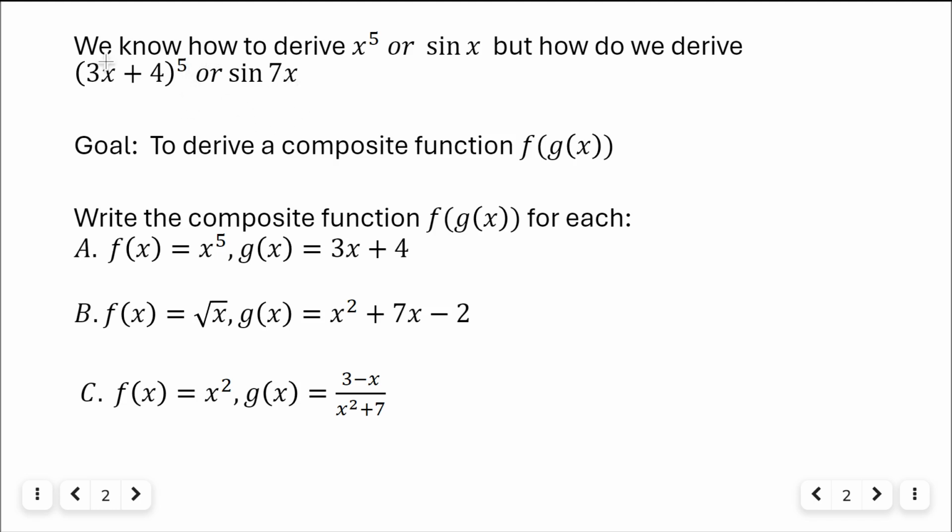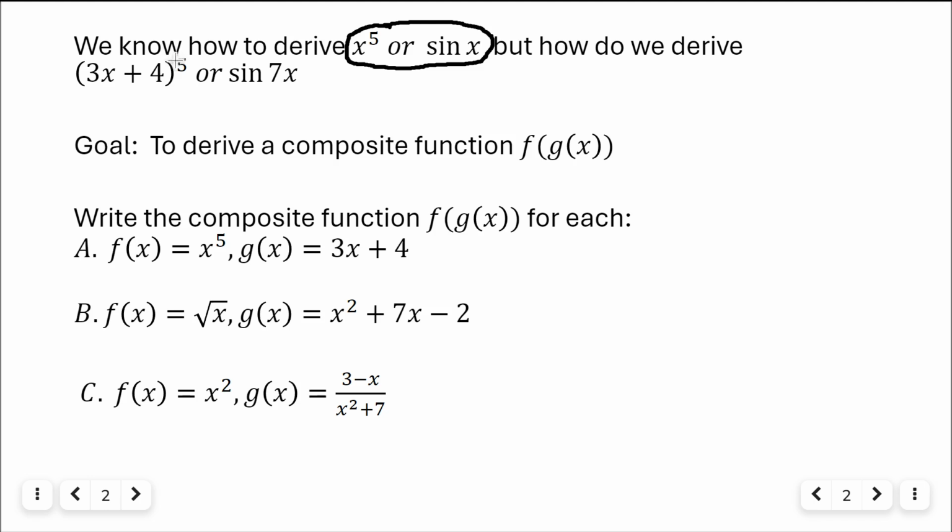Now there's a function that's inside of another function, right? 3x plus 4 is now inside of the fifth power, or 7x is now inside the sine. So these are all variations of these simple rules that we already know, like x to the fifth and sine x.